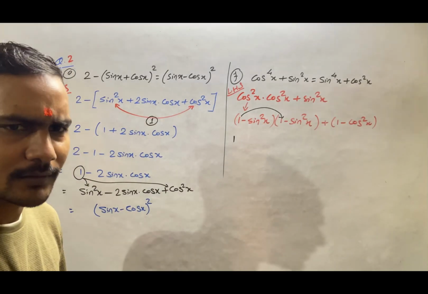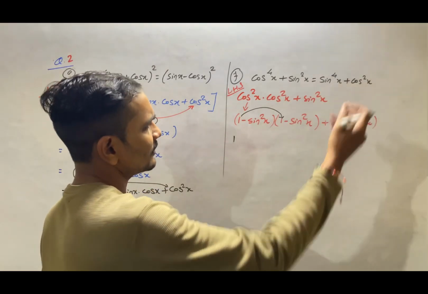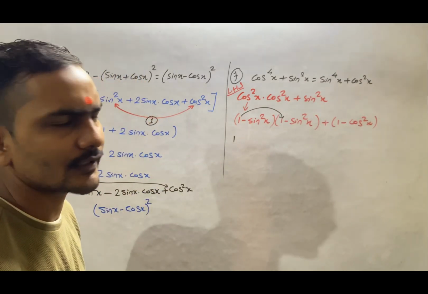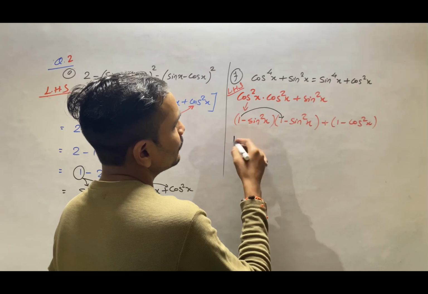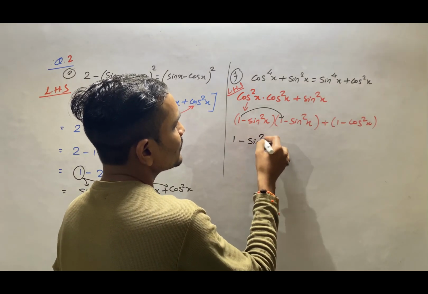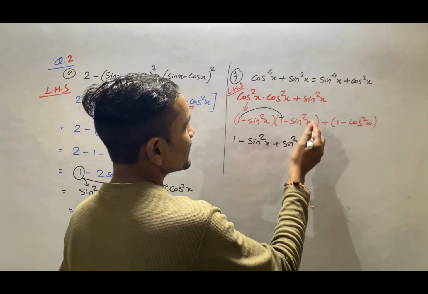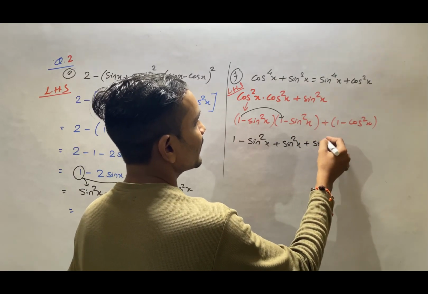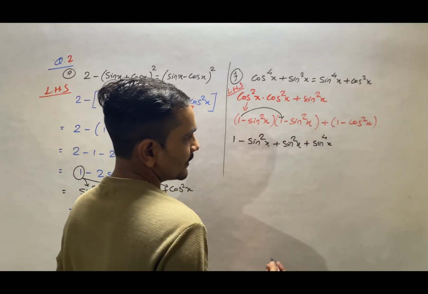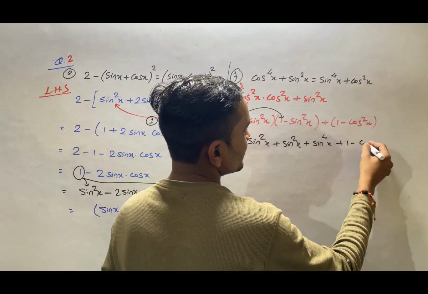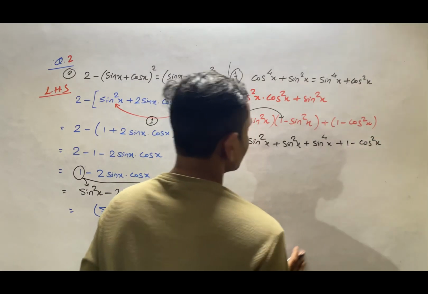It's okay, no problem. You can later convert into the 1 minus cos square x. So here minus sine square x and then plus sine square x, minus minus will be a plus, positive sine raised to 4x, and here we will plus minus cos square x.